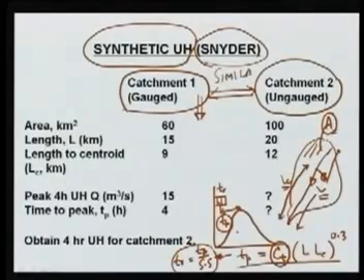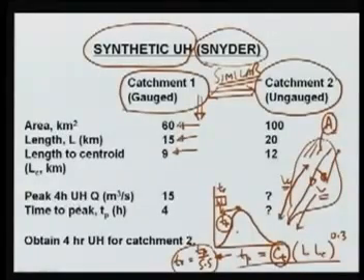The assumption has to be made that they are very similar. That means whatever the value of CT is for this catchment, the same value of CT can be used for catchment 2. For the catchment A, the data is given as area 60 km square, length 15, and up to centroid 9. So this LC is 9, L is 15, and the area is 60 km square.